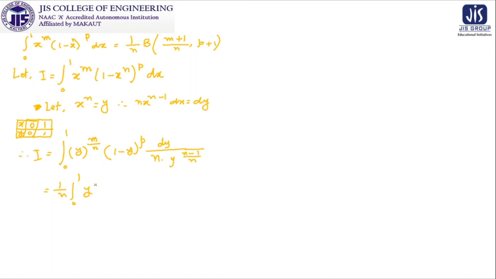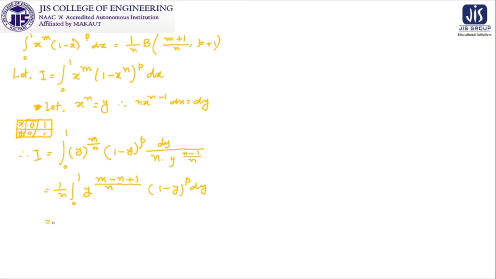Taking the LCM of this power n, it is m minus n minus 1, that means plus 1, because two minuses are going to come into play, and then 1 minus y whole to the power p dy.